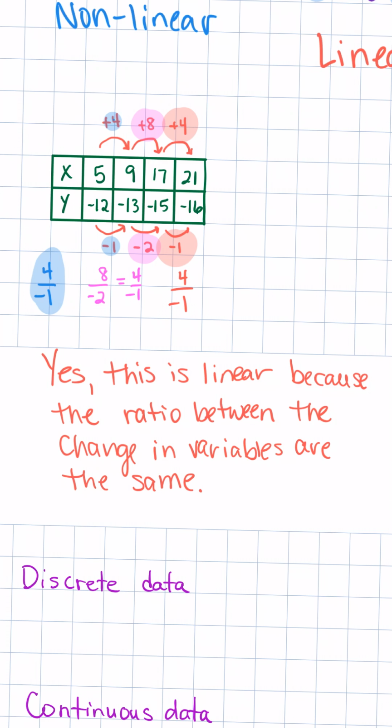The second one was 8 over negative 2, but then I realized you could reduce that to 4 over negative 1. And then the next one was 4 over negative 1. So even though this wasn't a constant change between each of these, because the ratios are the same, it makes it linear.